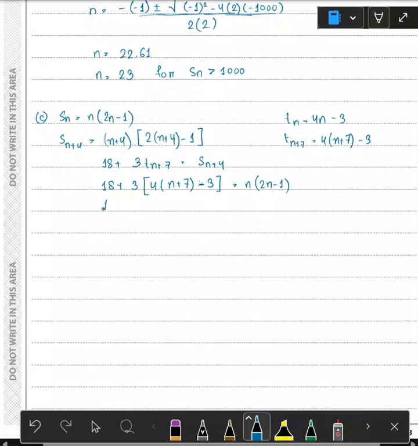Okay, now 18 plus 3. Let's leave the 3 as it is for now, and then this will be 4n plus 28 minus 3.